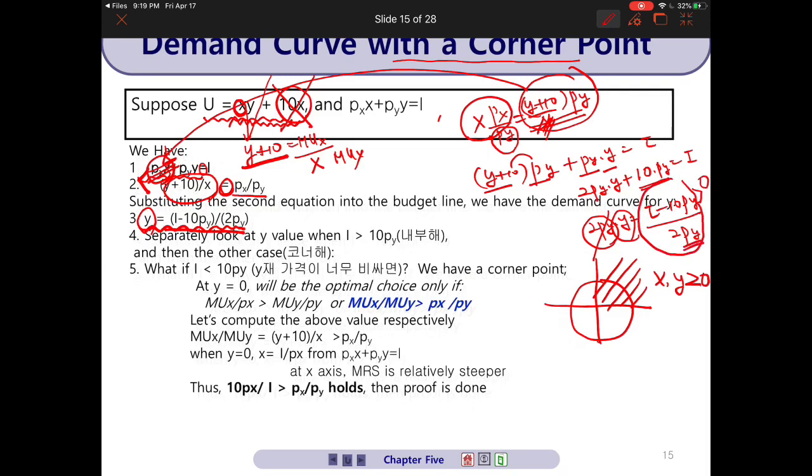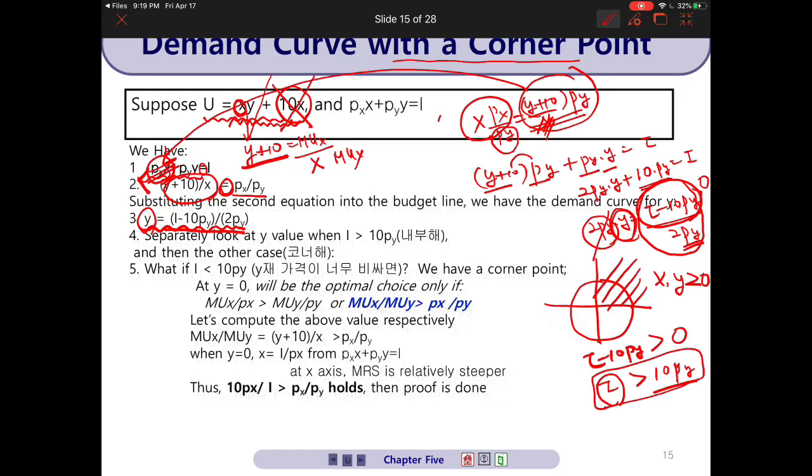Price is always positive, so the denominator is always positive. The remaining question for us is the numerator. I minus 10 py should be greater than 0. Switch this one to the right hand side. And that's it. As long as income is greater than 10 py, the value of y is positive.